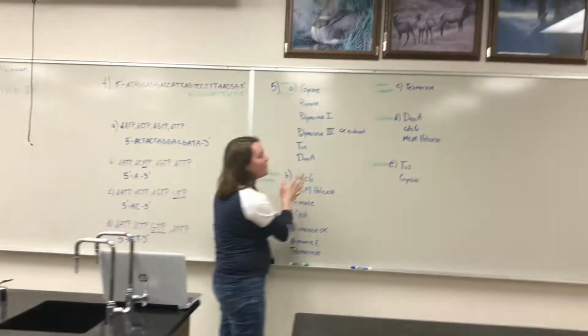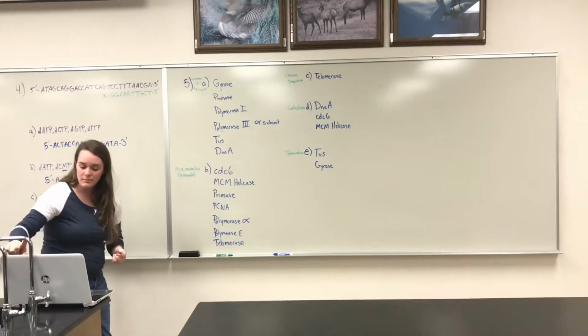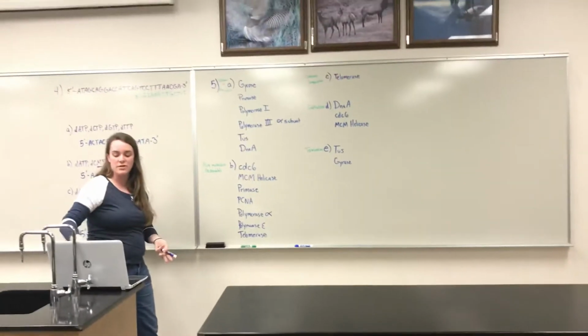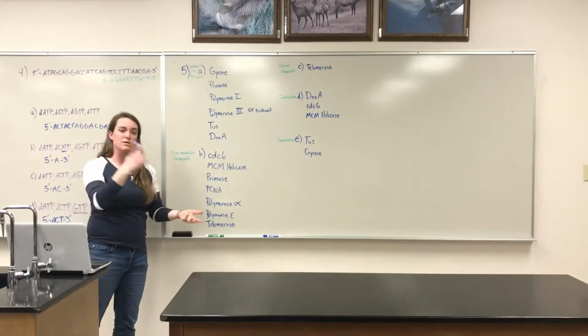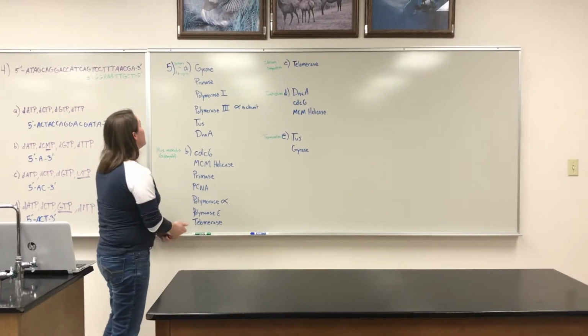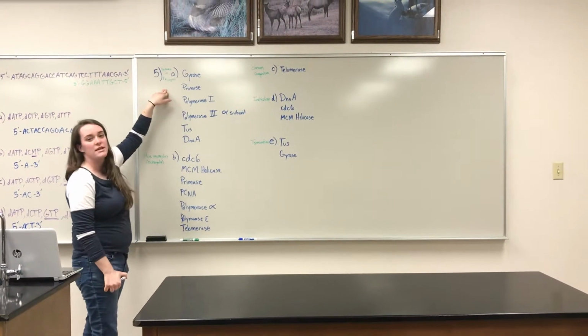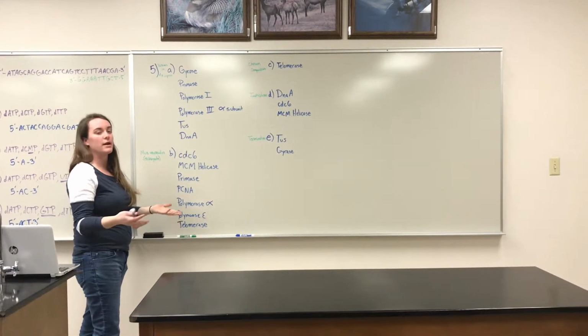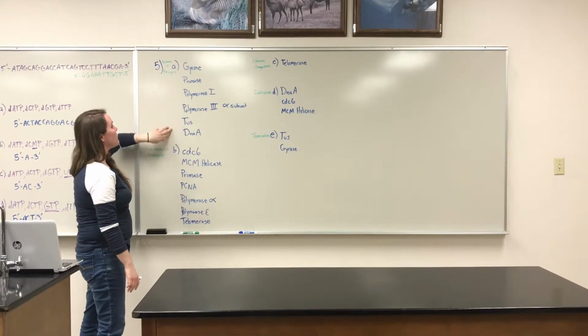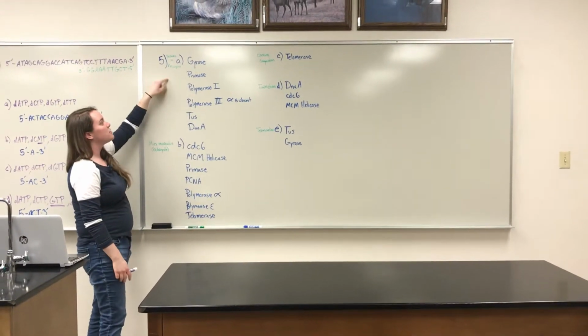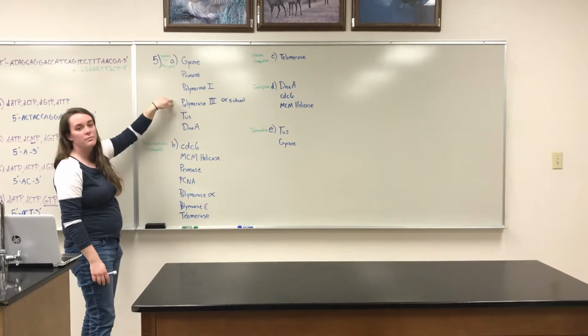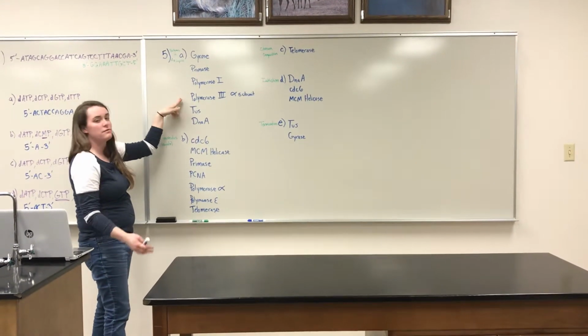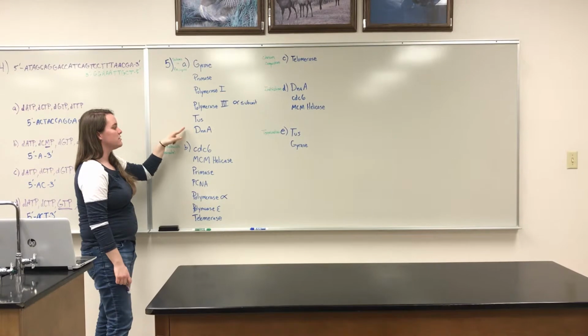So 5, we've got all these different terms, and I'm supposed to figure out which ones go with which grouping. Our first group is proteins in prokaryotes, which are like your bacteria and things. We got DNA gyrase, primase, polymerase 1, polymerase 3 alpha subunit, and DnaA.